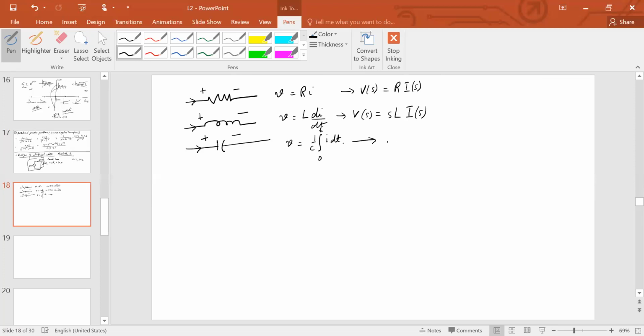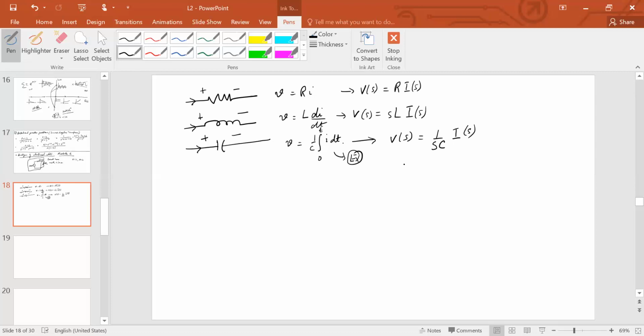What about the third? If you've gone through the Laplace transform table for integrals, you would know that this is given by 1/(sC) I(s). Why so? Take this up as an exercise. You just have to use integration by parts to derive this.